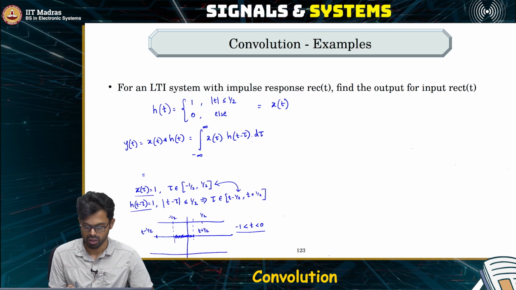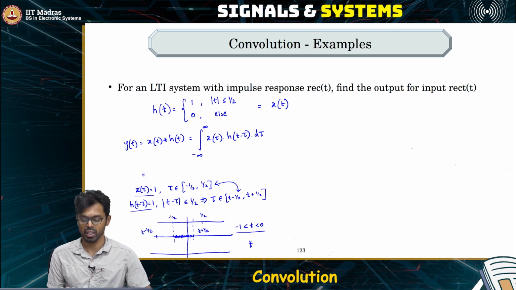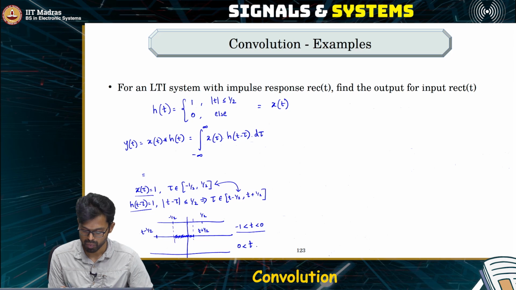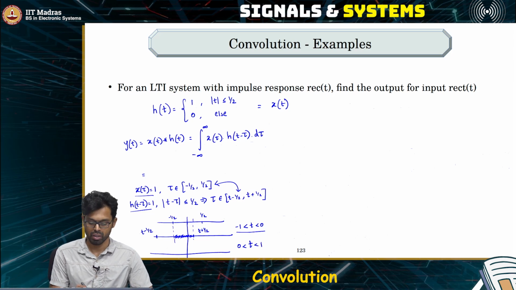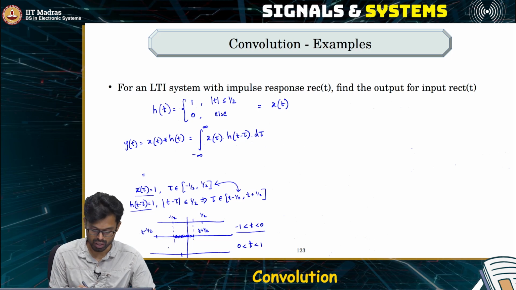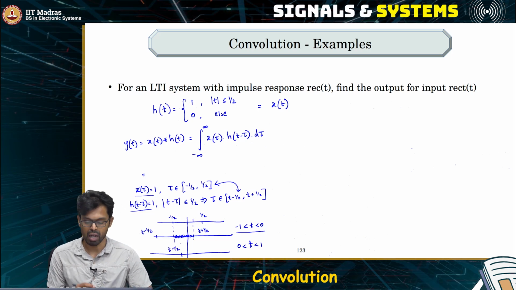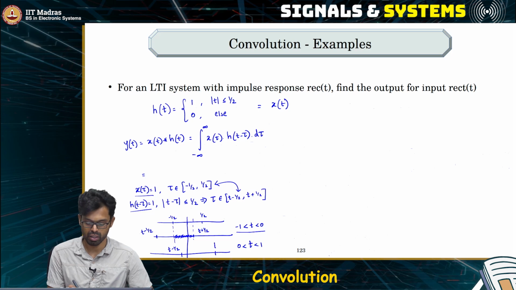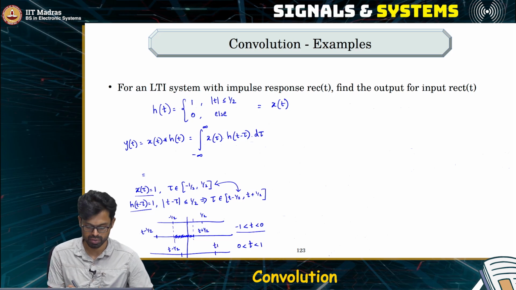Similarly, whenever t is in 0 to 1, basically t is now positive, then you start at a point which is after minus half and end after plus half.